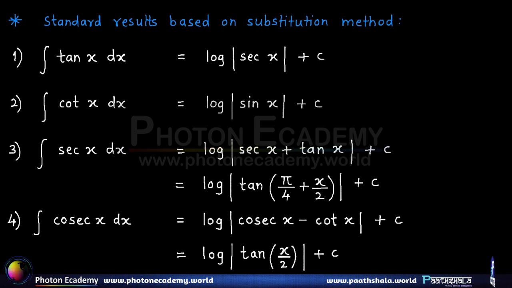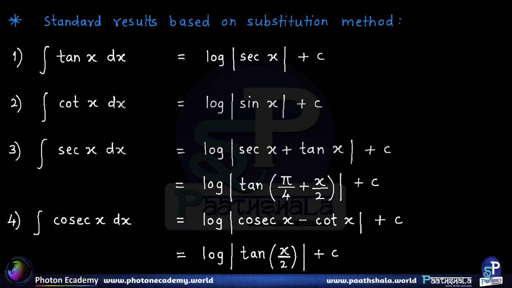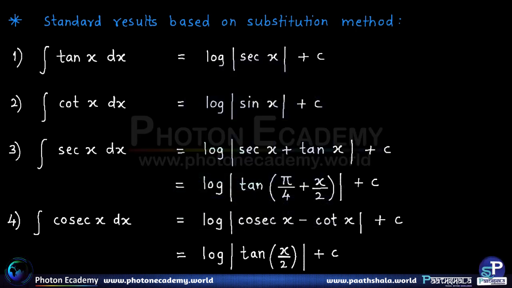Integral of sec x is log of mod of sec x plus tan x plus c, which is also the same as log of mod of tan of (pi by 4 plus x by 2) plus c. And lastly, the integral of cosec x is log of mod of cosec x minus cot x plus c, which is again equal to log of mod of tan of x by 2 plus c.